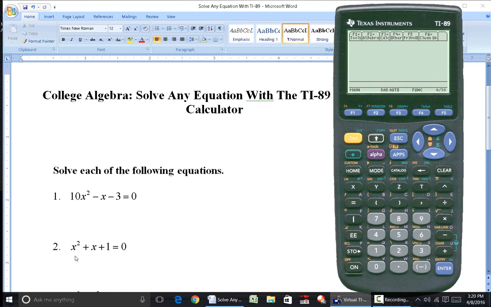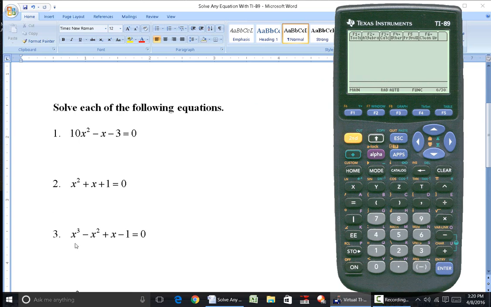Now the next one is a third degree equation, so again, because we're going to be interested in real and non-real solutions, I'm going to use the same function. Hit 1 and then enter.